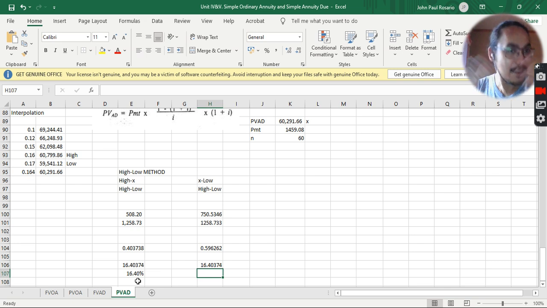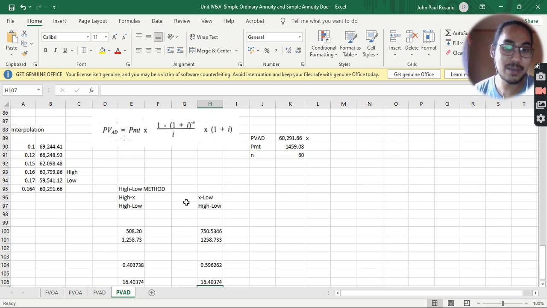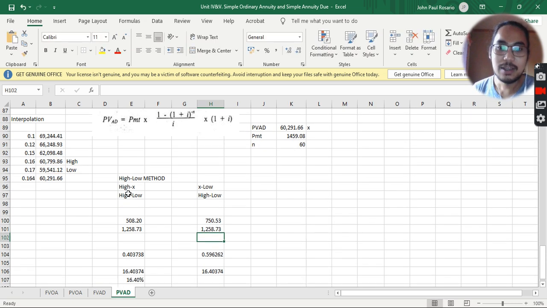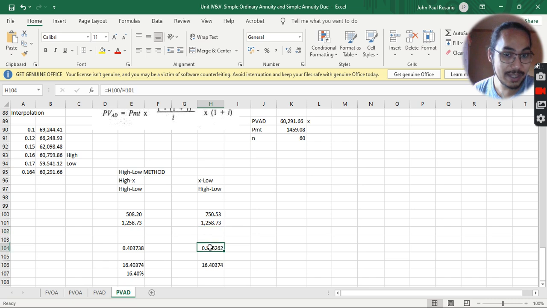Now, on the other route, if you want low to be our constant, we have x minus low over high minus low. The quotient of the differences is this one, and our constant is low. Our starting base is 17%, and we need something between 16 and 17.